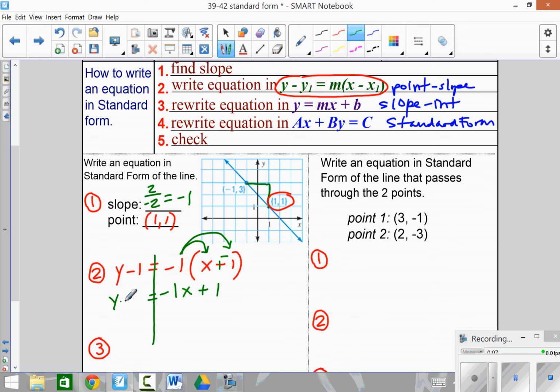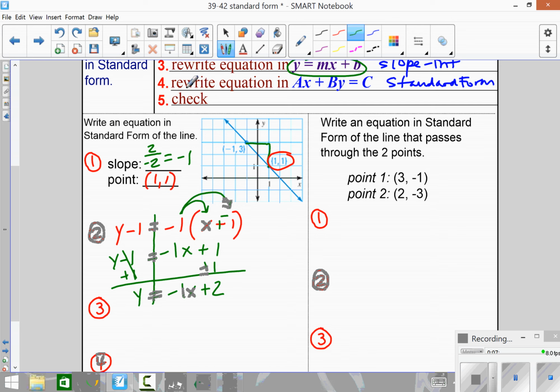I still have a y minus 1 over here. I'm going to undo this minus 1 by adding 1. And I'm going to end up with y equals, because this cancels out, negative 1x plus 1 plus 1 is 2. Okay, so there's our third step. We just rewrote this equation in y equals mx plus b. There's your y equals mx plus b.